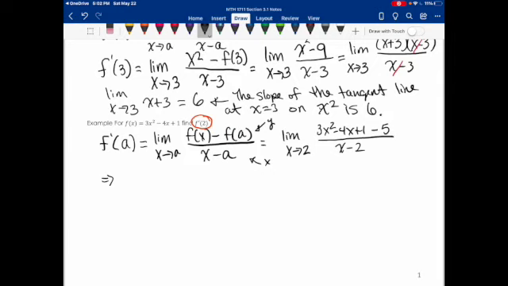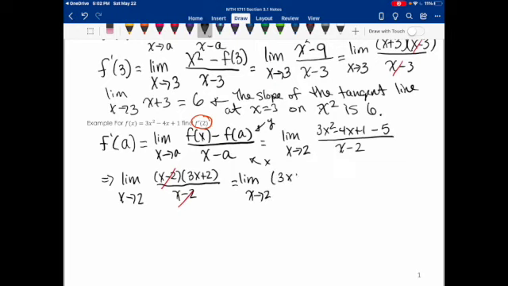I'm going to carry on down here. When I clean this up and factor, I get the limit as x approaches 2 of x minus 2 times 3x plus 2, all over x minus 2. I can cross these off. So I'm going to get the limit as x approaches 2 of 3x plus 2. And now I can use direct substitution and the limit laws. When I plug that in, I get 8.